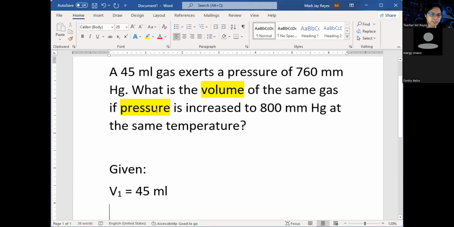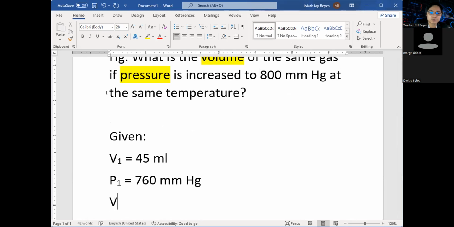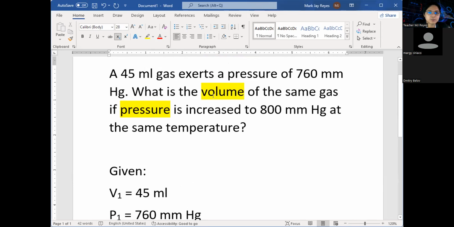And the pressure one, since this is Boyle's law, pressure one represents 760 millimeter of mercury. That's the pressure one. Okay, V2. V2 is unknown, of course. Looking at the question, what is the volume? This is the V2.